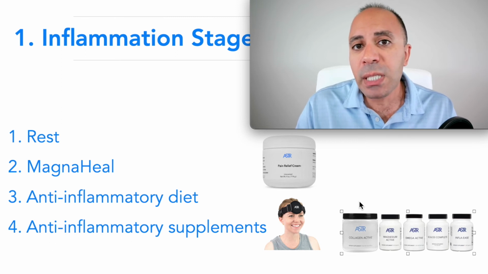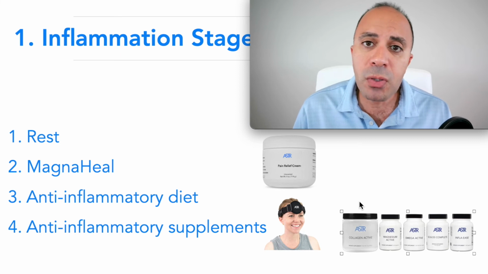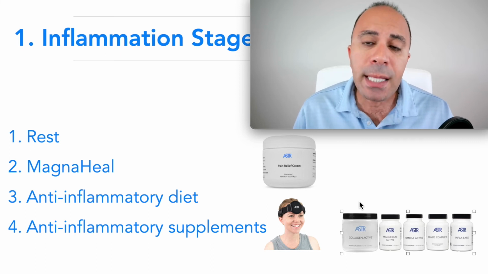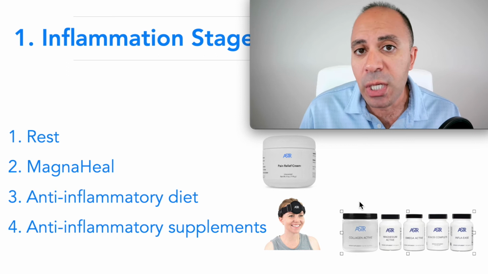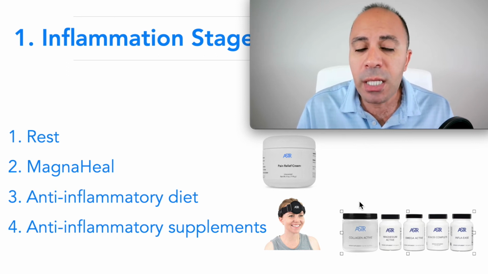For really severe cases, where the pain level is around 7 to 10 out of 10, that's indicative of severe inflammation, and that's a sign of vitamin and mineral deficiency internally in the body.